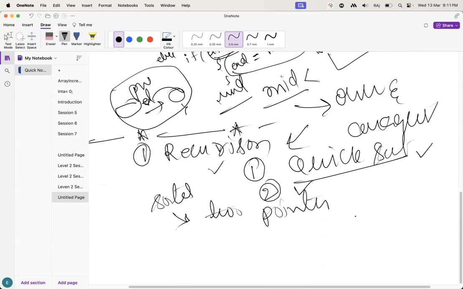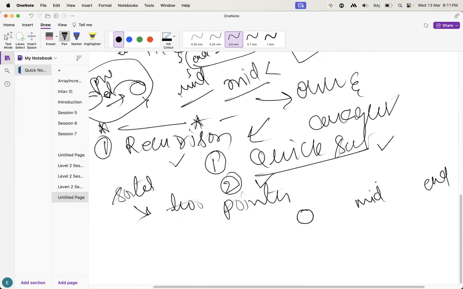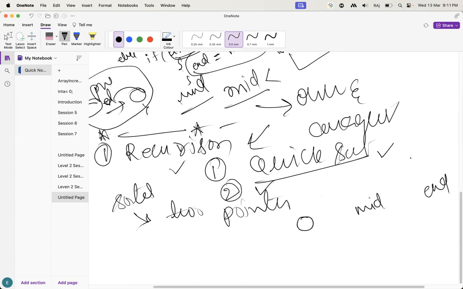Guys, let's take it like this. This is the start index, this is the mid index, this is the end index. Every time, the end will be mid minus 1, or otherwise the start will be mid plus 1. Every time we are doing it like this only.